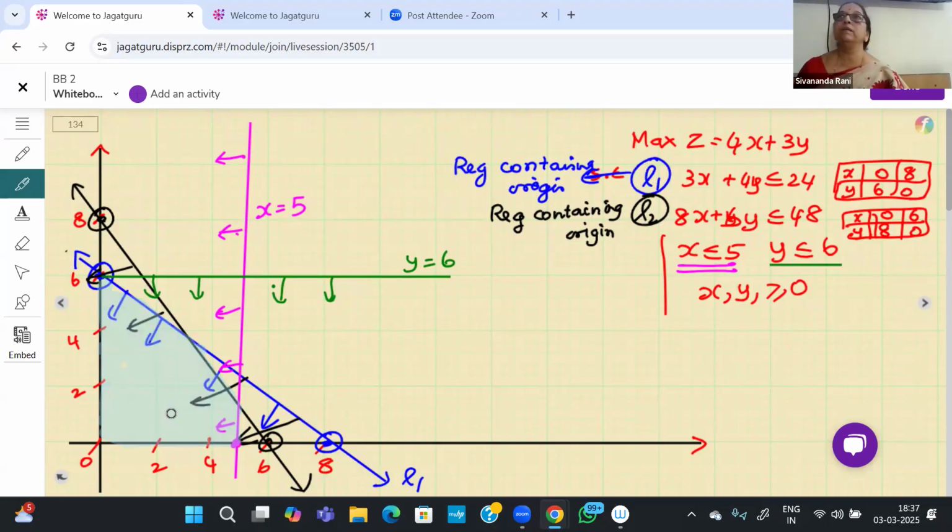If we got this pentagon, seems to be a pentagon according to me. Got it, is it? Good job.